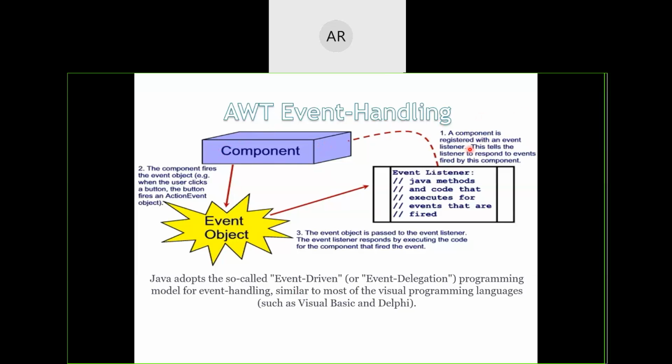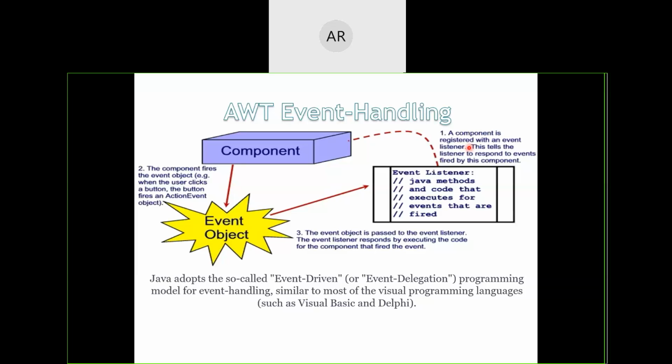When we register it with an event listener, it is informed to the compiler that whenever that component changes its state from normal state to pressed state, or from a blank text field to some inserted text, some event is to be fired.